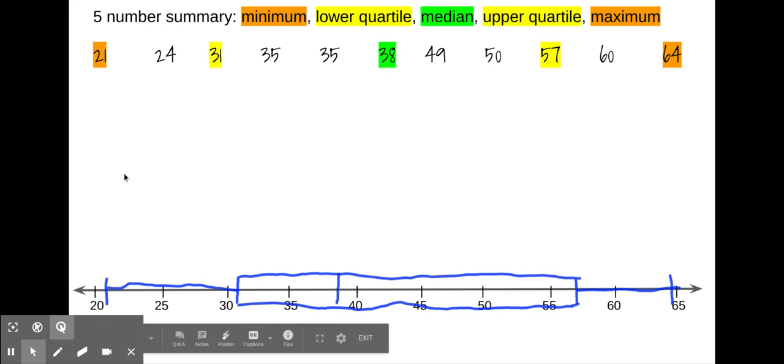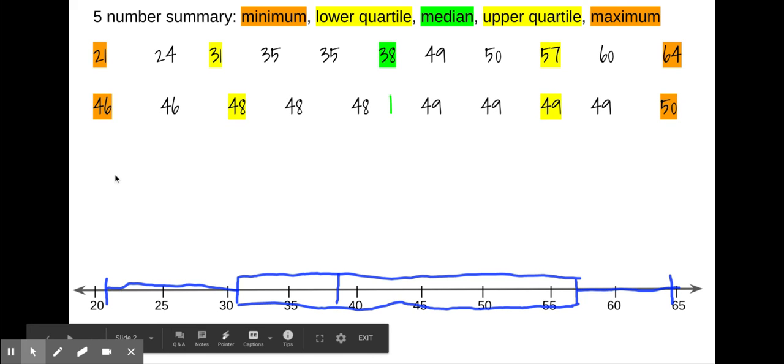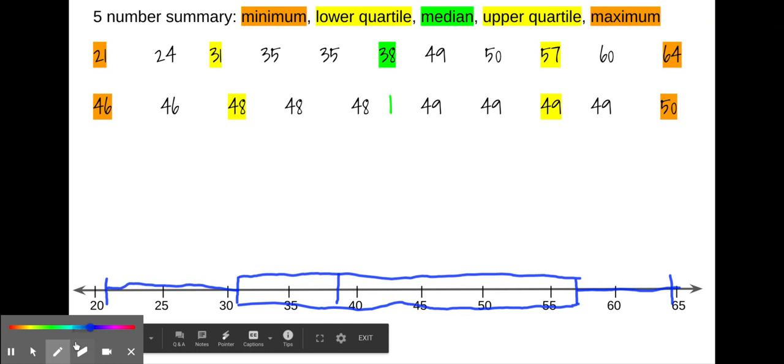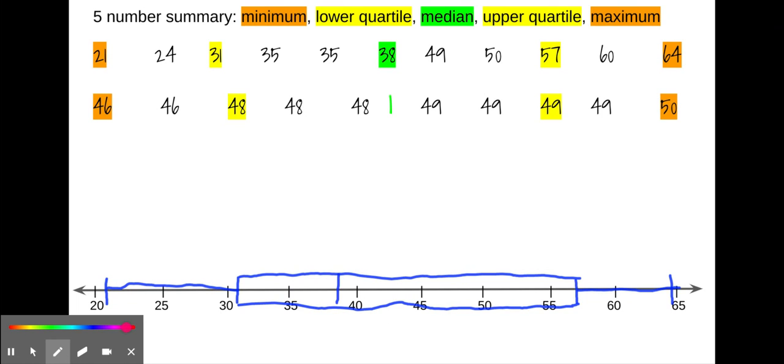Now let's compare that to our numbers for the predicted last 10 days of March. And now I'm going to draw this on the same number line. I'll use a different color and do it a little above so that we can compare these two. So I will start with my minimum, and that's going to be 46.